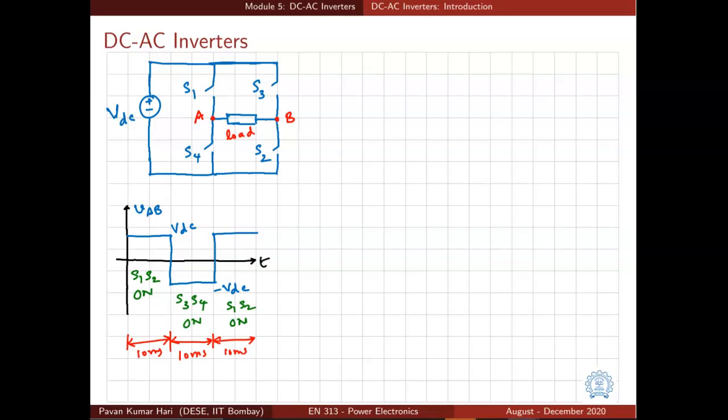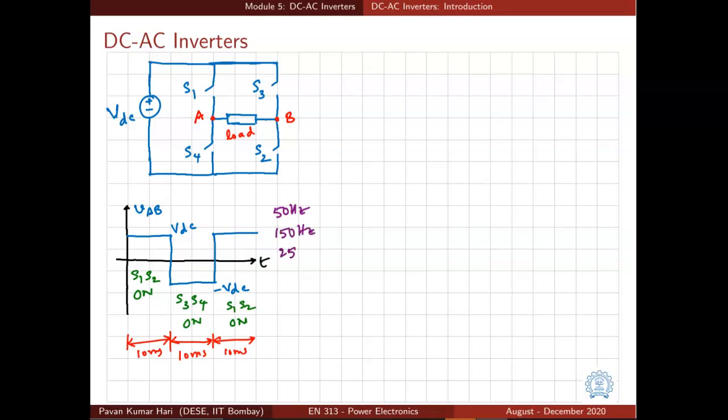The problem with the square wave voltage is that it has all sorts of harmonic components. If you turn on and off the switches for 10 milliseconds alternately, you will have a fundamental component of 50 Hz, and it will also have a third harmonic, which is 150 Hz.